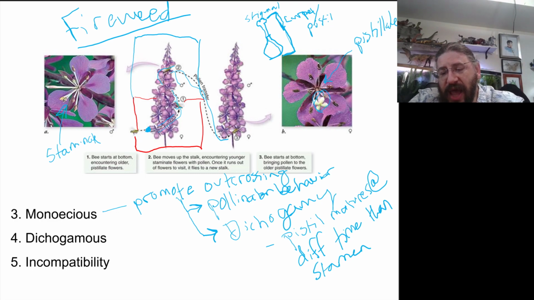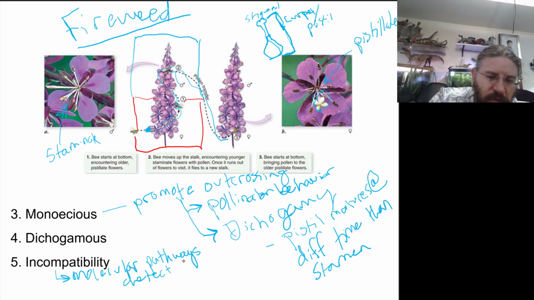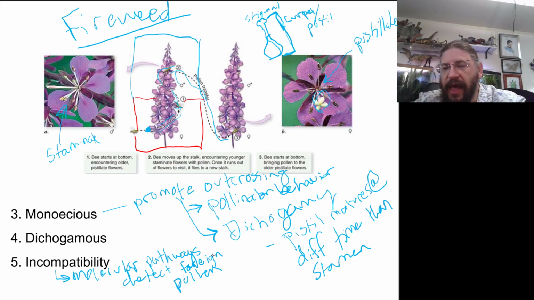And the answer is kind of cool. So there are basically molecular pathways to recognize foreign pollen. Molecular pathways detect foreign pollen, and they can block or degrade pollen tubes.